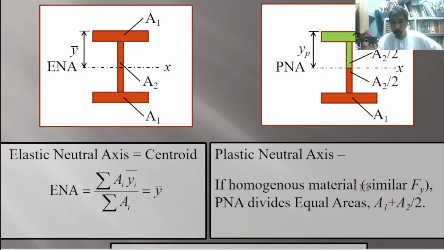If homogeneous material, similar. PNA here is the plastic neutral axis. The elastic neutral axis divides equal areas, A1 plus A2 over 2. So the neutral axis may move.